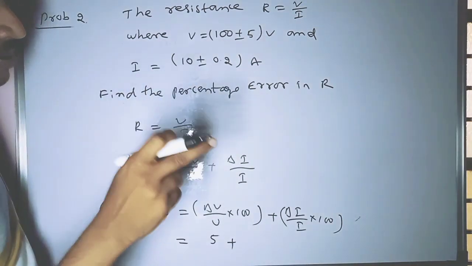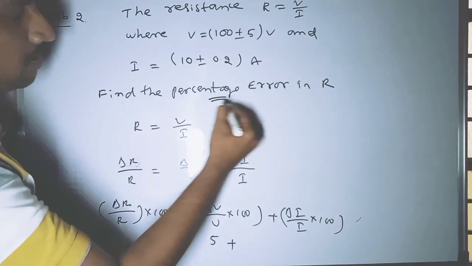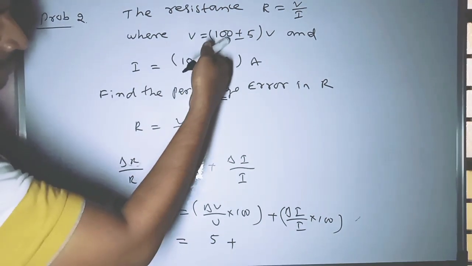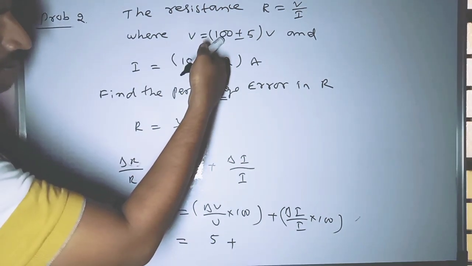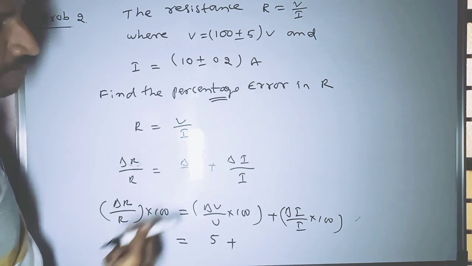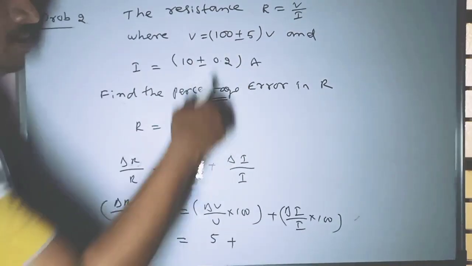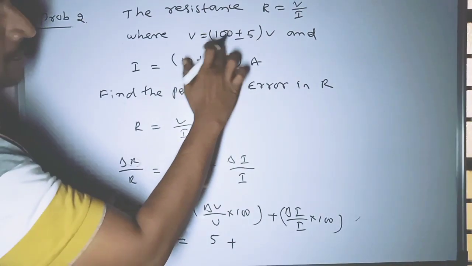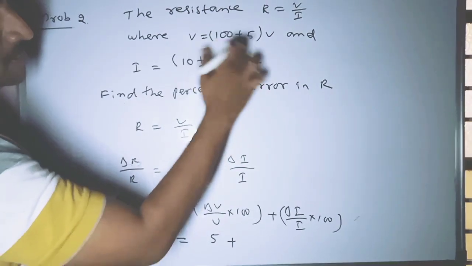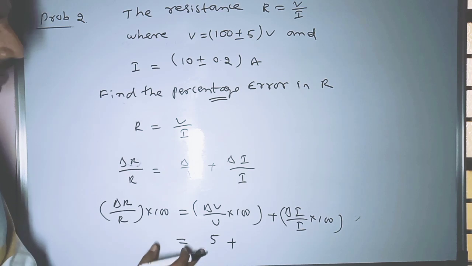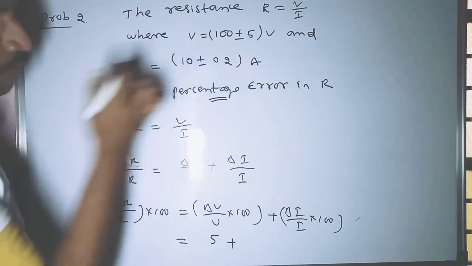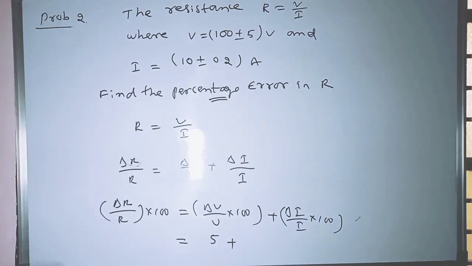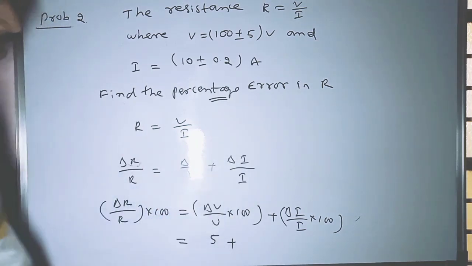So we go with the percentage error. For delta V by V, that is the percentage of the absolute error. For 100, the error 5 gives 5%. Then here for 10, the error is 0.2. Out of 10, 0.2 is how much percent?